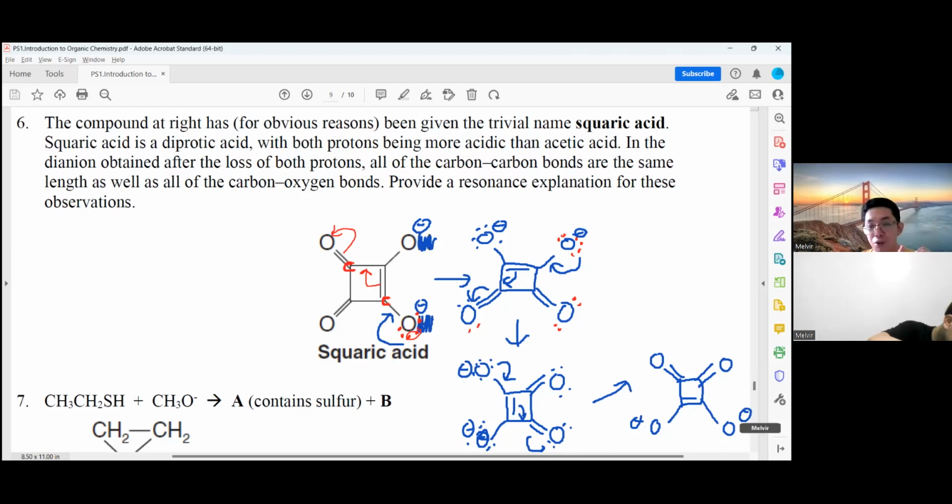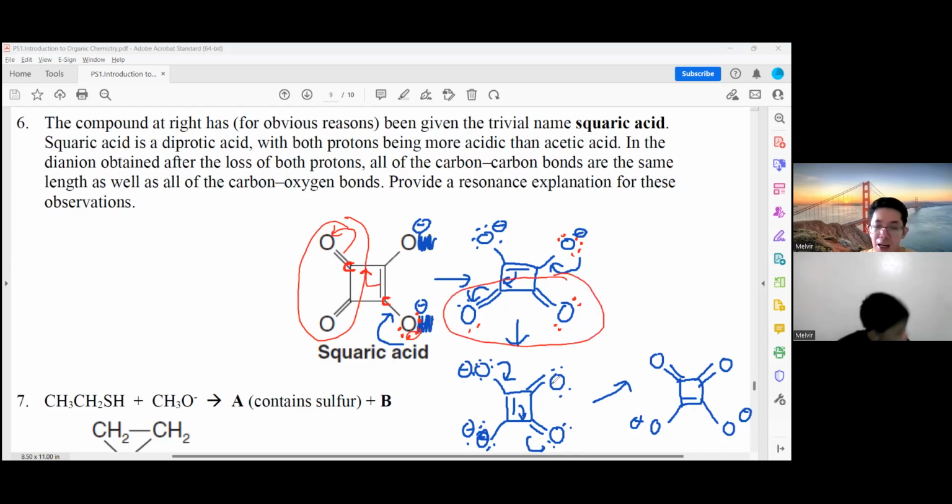Nakikita mo na ngayon yung orientation. So, if you will notice, Josh, your first resonance, your double bond O are on this side, no? Nasa left side. Tapos sa second mo, nasa baba. Tapos nasa right side and then nasa top side.